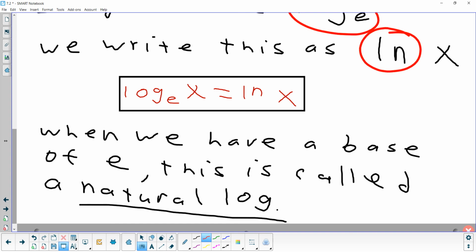So if you have a log with a base of e, you can abbreviate that as ln. You don't do anything to your argument. You write that just the same, so no change to the x. It's just how we write what comes before it.